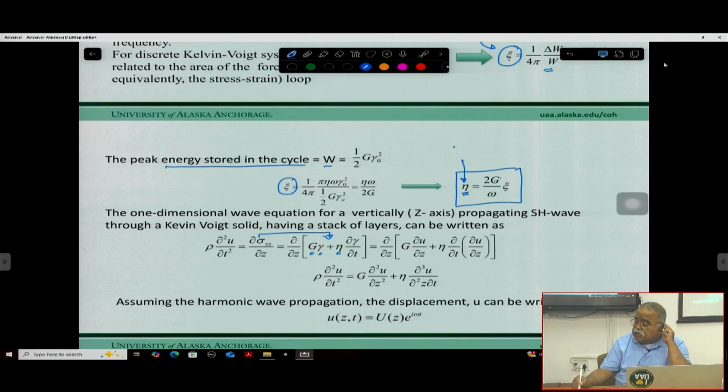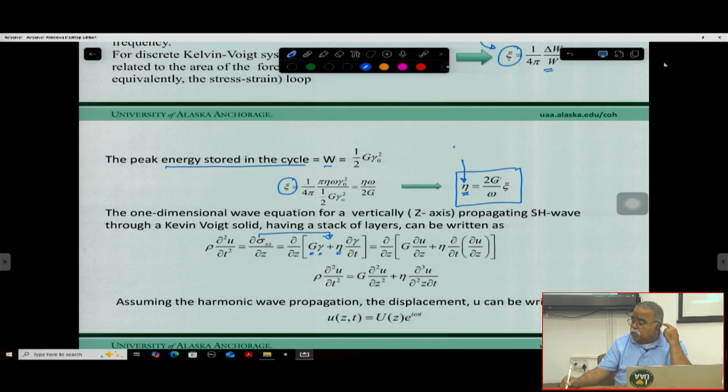So sigma xz is basically du by dz, where u is the deformation, and then eta into d gamma dt, where gamma again equals du by dz, right?